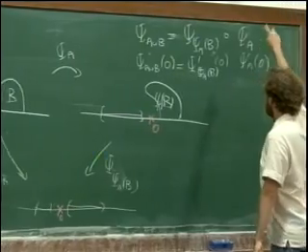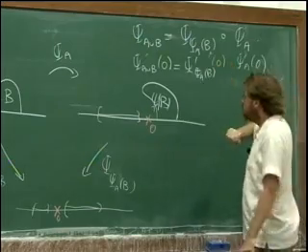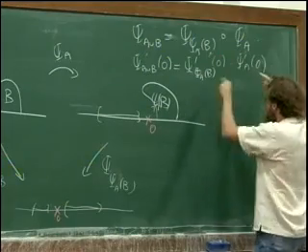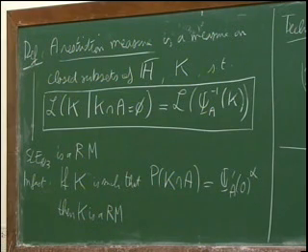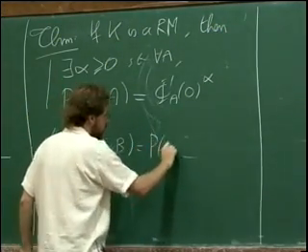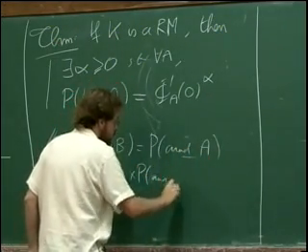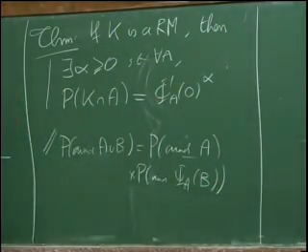So you know that the probability to avoid A and B is this product: the probability that you avoid A times the probability that you avoid psi A of B. You don't know that this is phi prime, but you know that the avoiding probability of A union B is this product. So the probability to avoid A union B is the probability to avoid A times the probability to avoid psi A of B. And this has to hold for any sets A and B that touch the boundary like this.